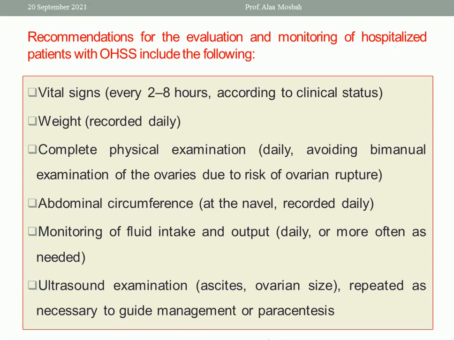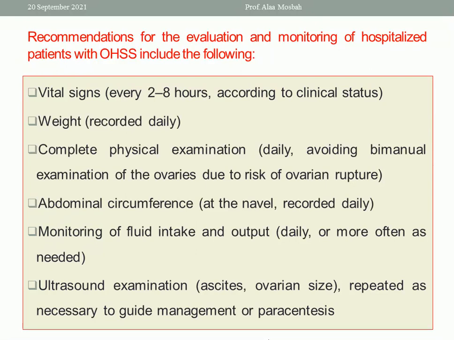Complete physical examination daily, and be careful not to do a manual examination because you may induce rupture of the ovarian cyst and cause internal hemorrhage, which is an emergency situation and a critical case. Abdominal circumference at the navel, at the level of the umbilicus, recorded daily. Monitoring of fluid intake and output daily.